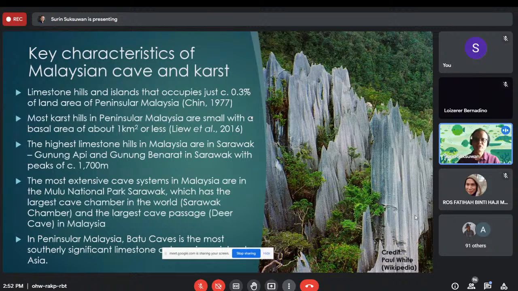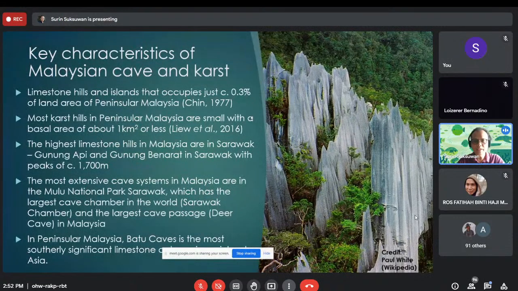If you look from the top with Google Maps, you can see that even Batu Caves is not really that big an area. Usually the area would be about 1 square kilometer or less, and only a few limestone hills are larger than that for Peninsular Malaysia. But in Sarawak especially, you do get some very big limestone hills, especially in the Gunung Mulu area.